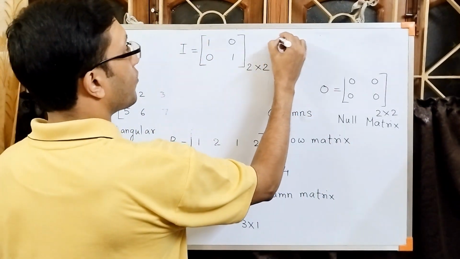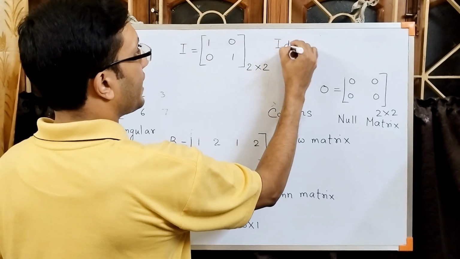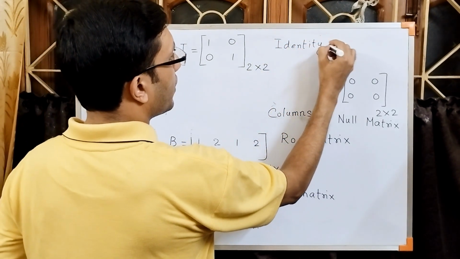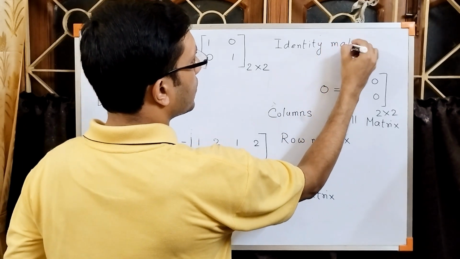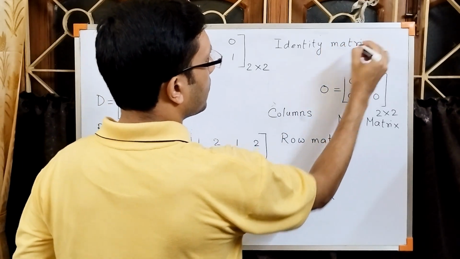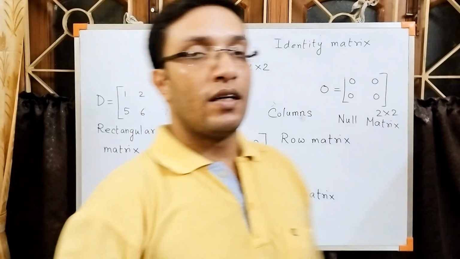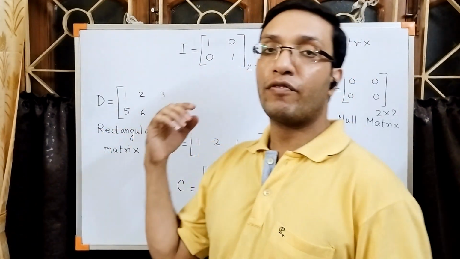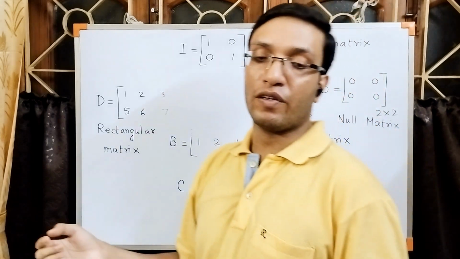This particular type of matrix is known as identity matrix. These are the different types of matrices that we have to deal with in this entire chapter.